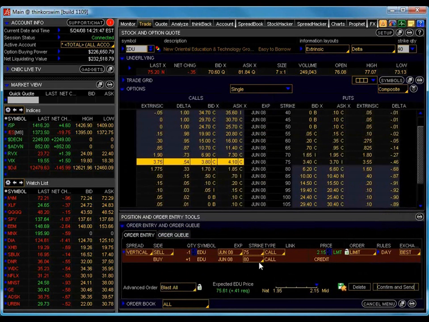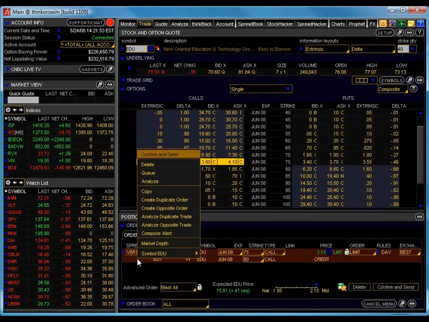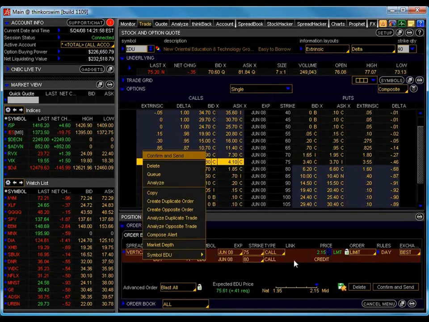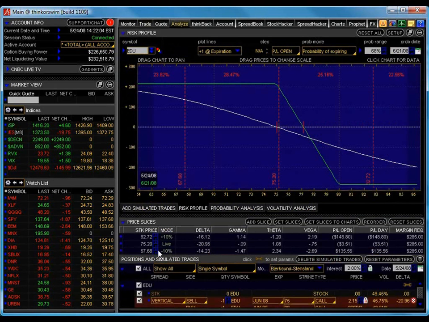So why would we sell rather than buy these spreads? Well, I'll show you. I just right click on this order dialog box and go to Analyze Duplicate Trade. Let's take a look at this.